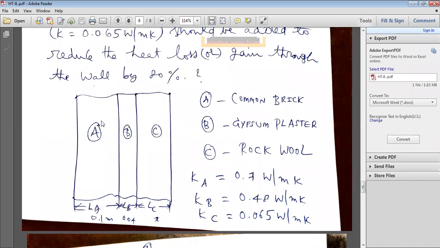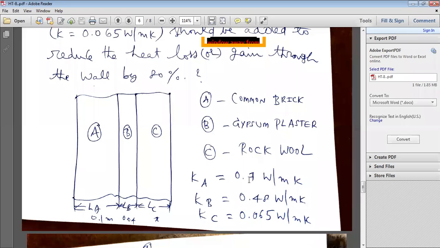A is common brick, B is gypsum plaster, C is rock wool. LA, LB, LC are the thicknesses. Thickness of A is 0.1 meters, B is 0.04 meters, but the thickness of C is not given. You name it as X, that is to be calculated now.